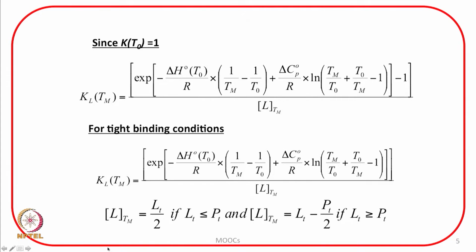I repeat, the ligand concentration at transition midpoint is Lt by 2, where Lt is the total ligand concentration in solution, if Lt is less than or equal to Pt, and it is going to be Lt minus Pt by 2 if the total ligand concentration in solution is greater than or equal to the total protein concentration in solution.